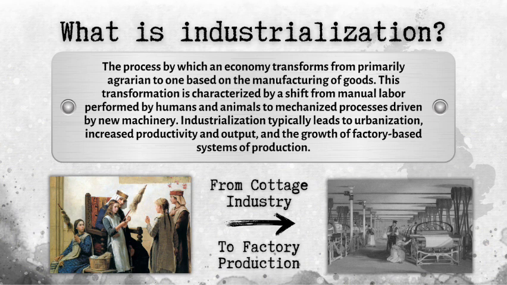These technological innovations, coupled with the availability of raw materials and an expanding transportation network like canals and railways, propelled Britain into an era of industrialization. As factories proliferated, production shifted from individual homes to centralized locations, marking the transition from the cottage industry to the Industrial Revolution.